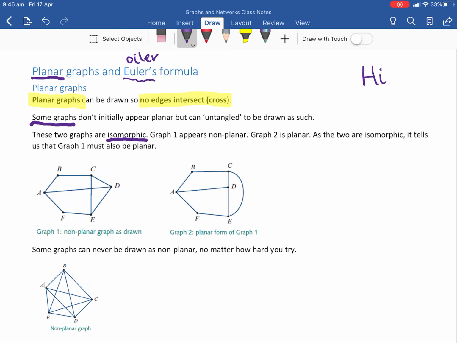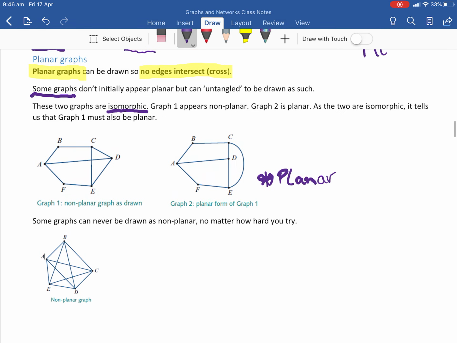It shows us the same information. However, graph 2 is planar because it doesn't have any of its edges crossing. But if you look at all the information, it's the exact same information. All of the edges are joining the same vertices, so they are isomorphic.